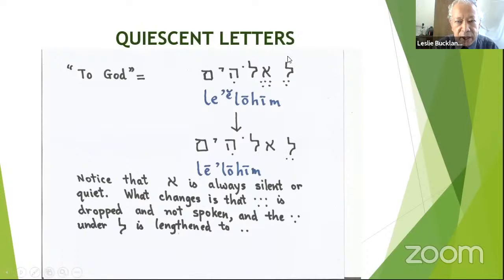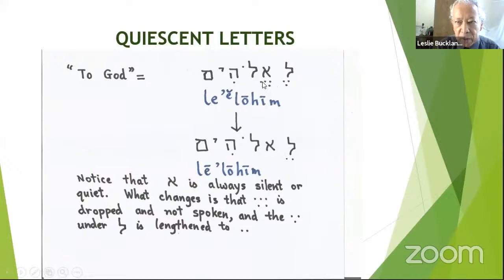The order would be, there really needs to be another line up here. So what you'd have up here is another lameth, and you would have a simple schwa under the lameth. And you would have this remaining the same.